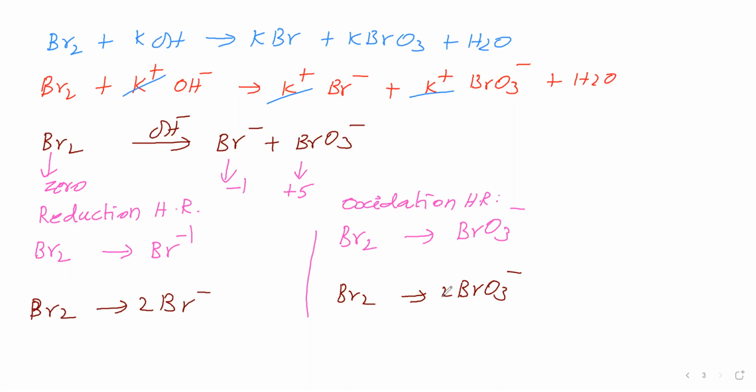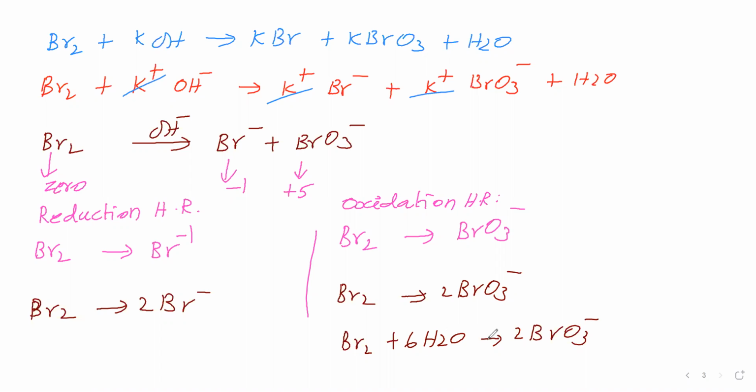Here oxygen is 3 2s are 6 oxygens. So write 6 water molecules here. So Br2 plus 6 water molecules gives 2 BrO3 minus. Okay. So we have balanced oxygen. Here 6 oxygens are there. Therefore write 6 water molecules here.